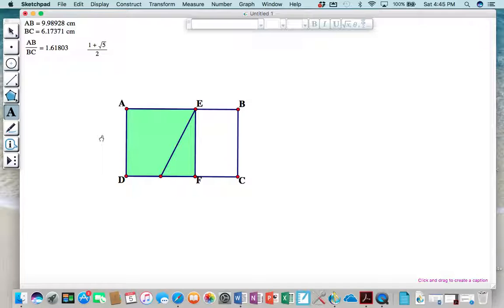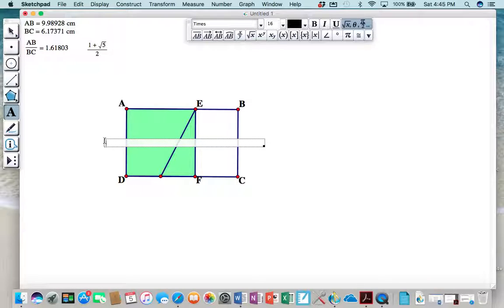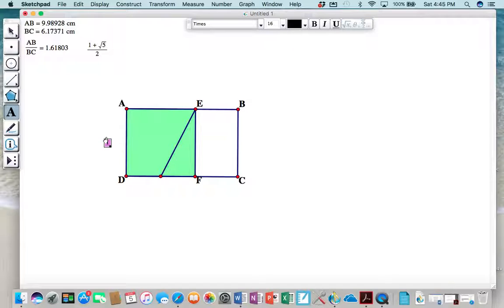So let's say that all the AD and EF and BC are equal, obviously, and they have a length of 1. So all of these line segments that connect the longer edges of the rectangle are 1 unit long. If that's the case, we know from our work up here that line segments AB and DC are equal to this value right here, the golden ratio.